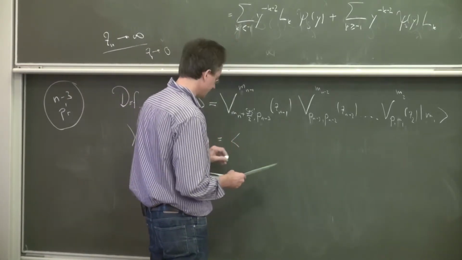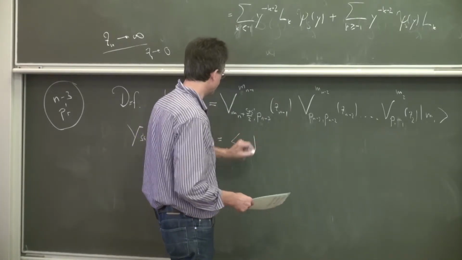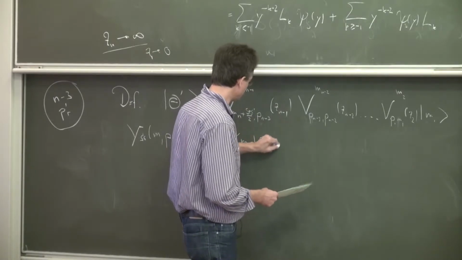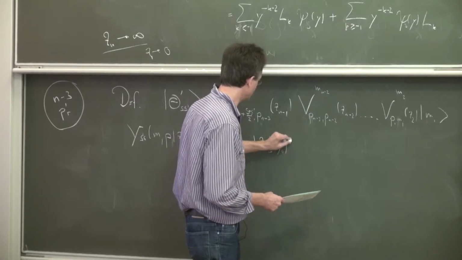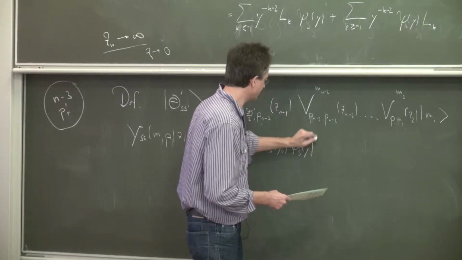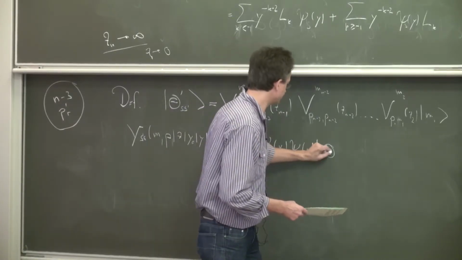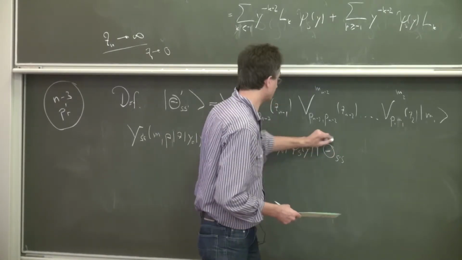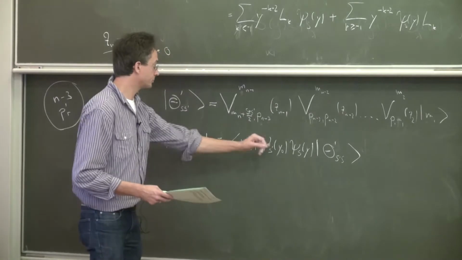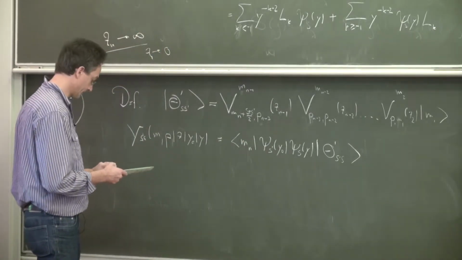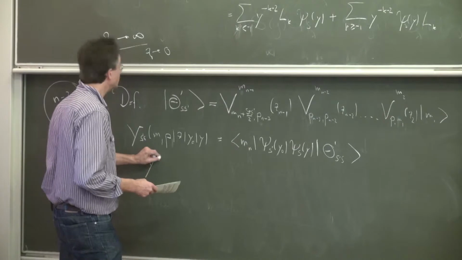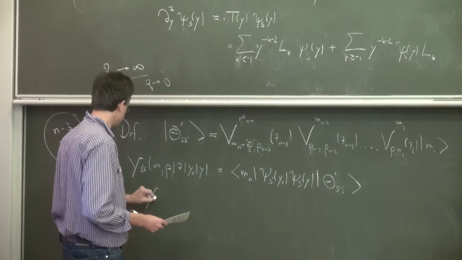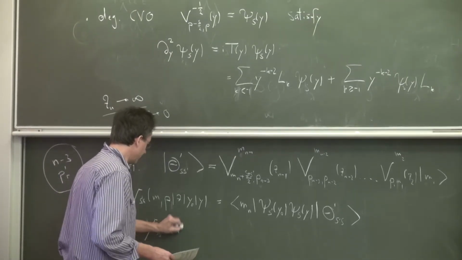So this is just defined as the matrix element: we're inserting two degenerate guys, psi s prime of y0, psi s of y, and then we're taking the overlap with this state, which represents sort of the background in which we're computing expectation values.